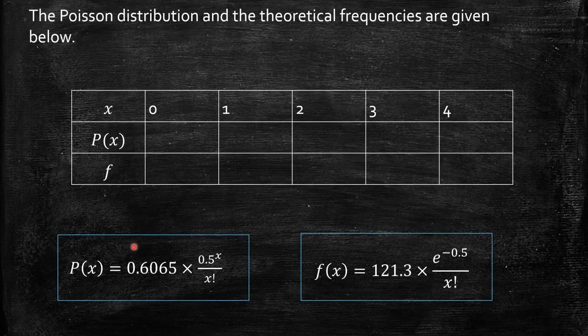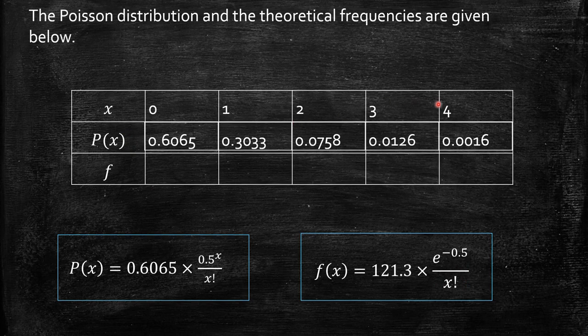Even if you want, you can find the probability of x taking 0, 1, 2, 3, 4, thereby we can get the theoretical frequencies. Or we can get theoretical frequencies directly by using this 121.3 into 0.5 power x by x factorial. If I take the probability when x equal to 0, 1, 2, 3, 4, my probability function is defined as 0.6065 into 0.5 power x by x factorial.